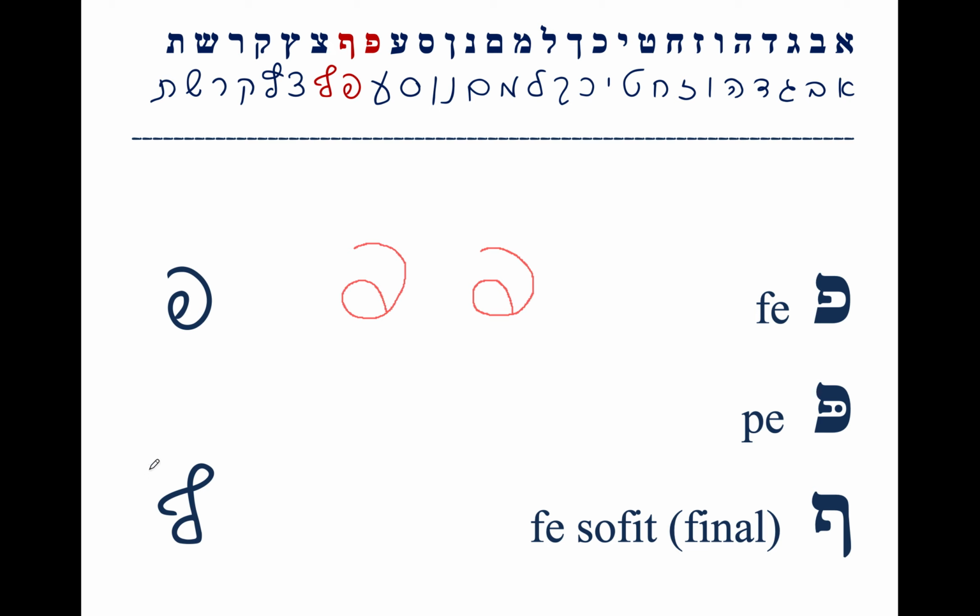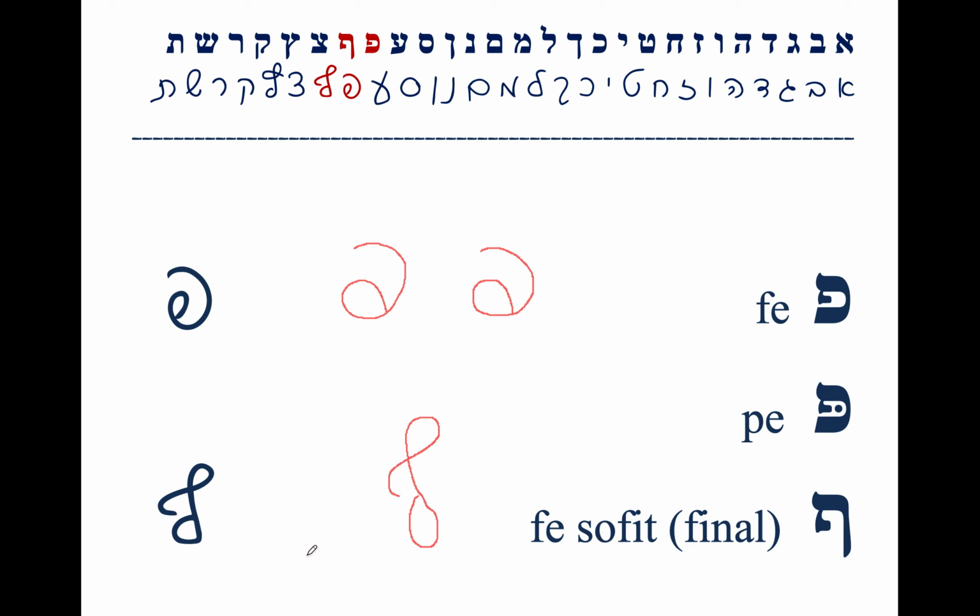And it's very fancy here, but really it's really easy because all you do, like we learned, remember we learned how to write the lamed. So you start with the lamed, right? And you start like this, and then you go around, and you go down like this.